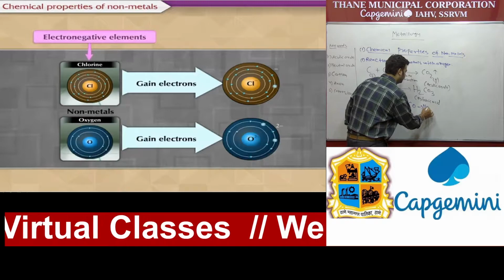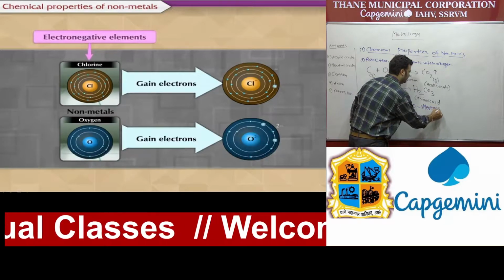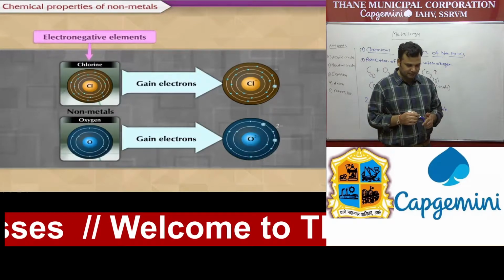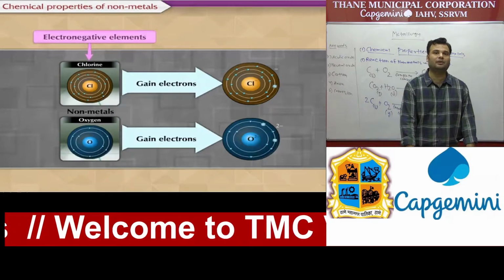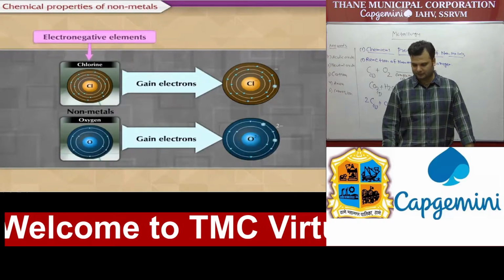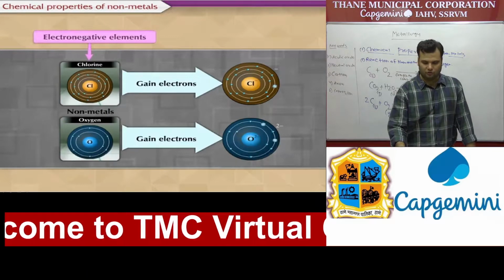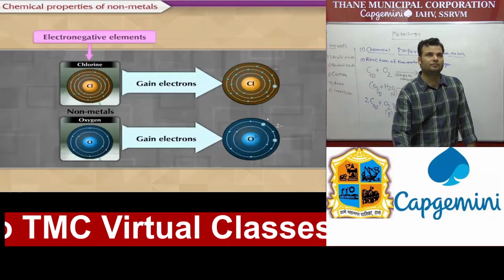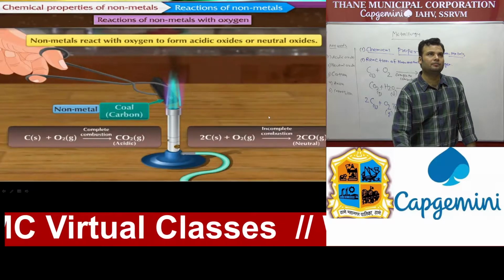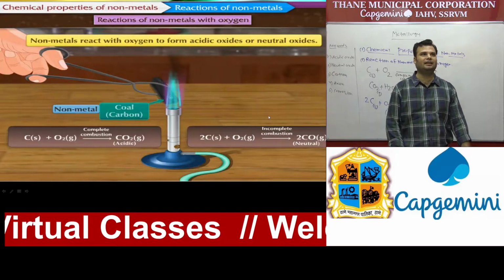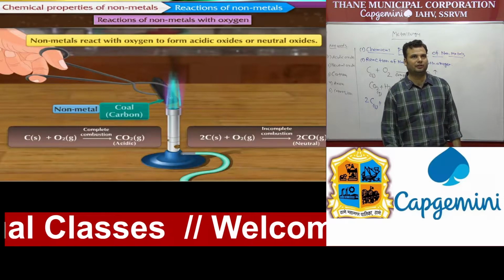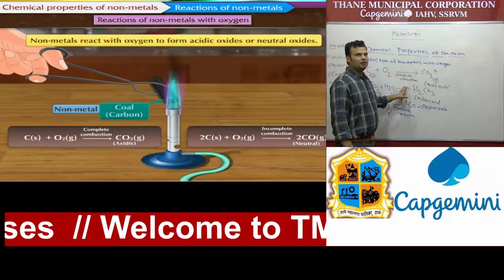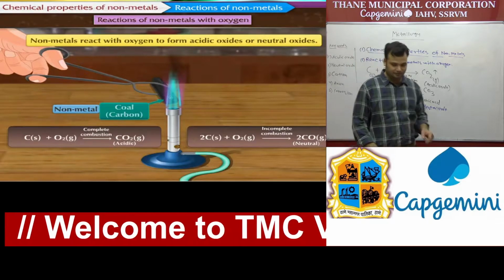That is very important. Complete combustion will give acidic oxide, and incomplete combustion will give neutral oxide like carbon monoxide. So you can see also in the slide, incomplete combustion will give neutral and complete combustion will give acidic oxide. So a simple example.